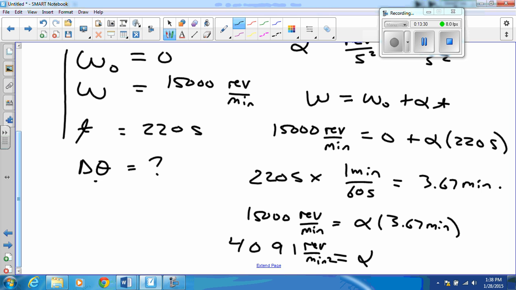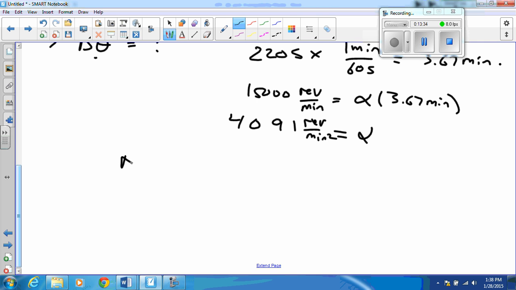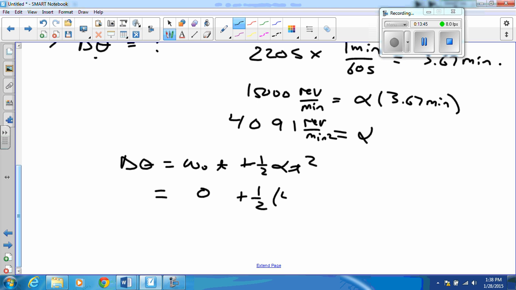So this information we can now come back and use to solve for delta theta, because we know that delta theta equals omega 0 t plus 1/2 alpha t squared, and omega 0 is 0 for this one.